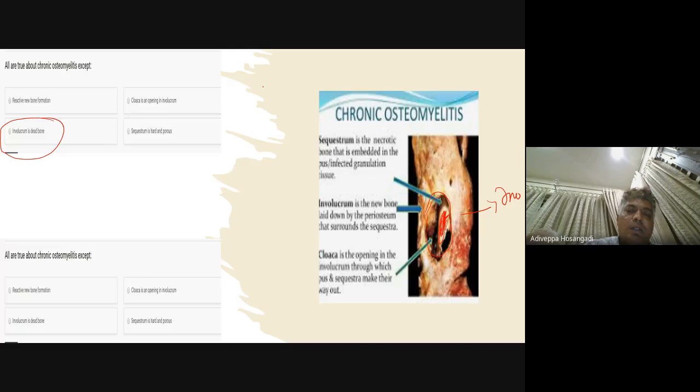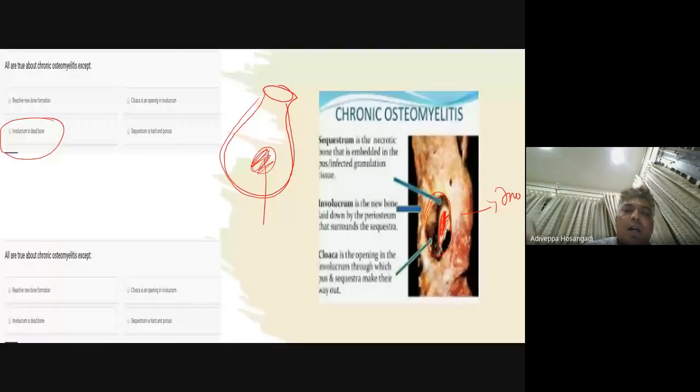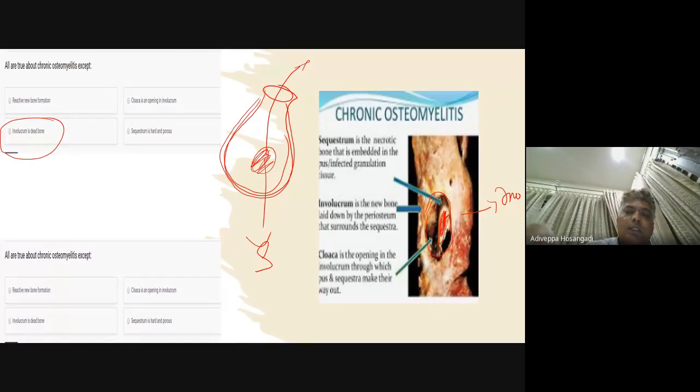Imagine osteomyelitis like an inflated balloon. This is the involucrum. What is hanging inside is like the glitter you put in a birthday celebration. That is the sequestrum. There has to be a way out for the sequestrum, and that opening is called the cloaca.